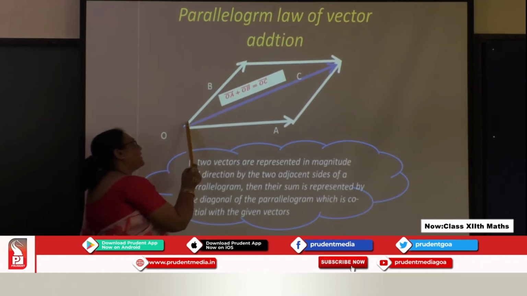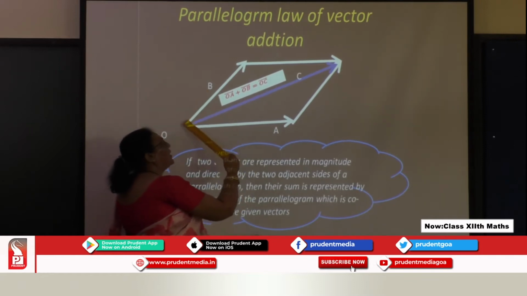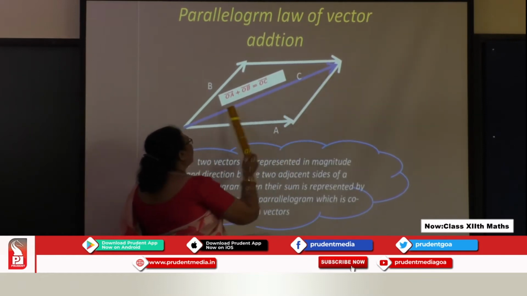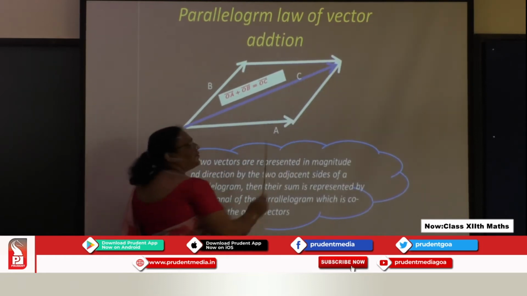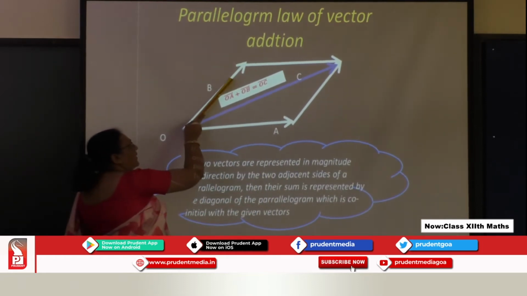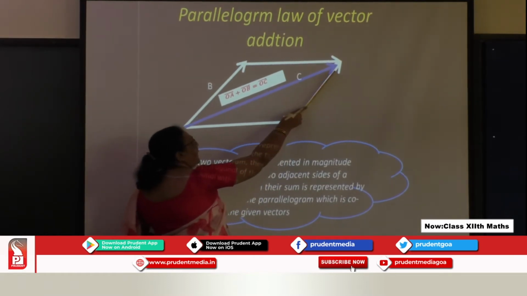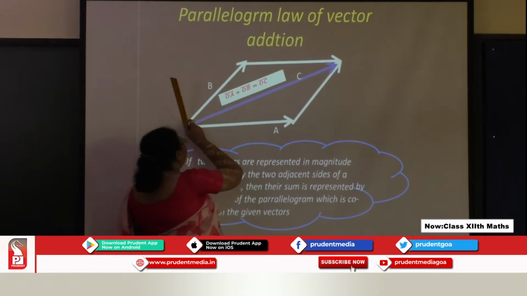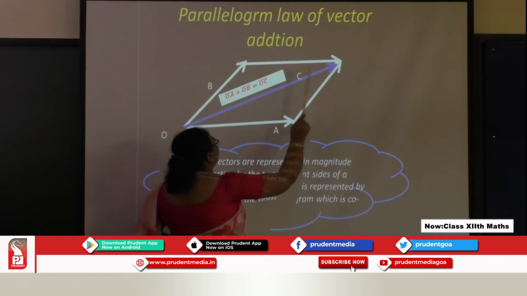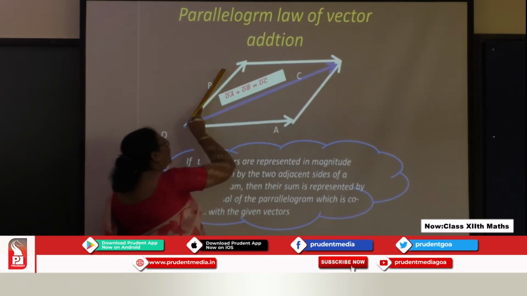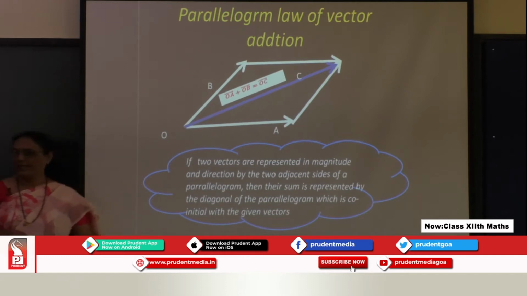The initial point is the same here, and the diagonal represents the sum of these two. O to A plus O to B is the same as O to C. Why is it like that? Because this vector is the same as this vector, as both are parallel and have the same magnitude. So by the triangle law, O to A to C is the same as O to C. That's why we get the parallelogram law of vector addition.